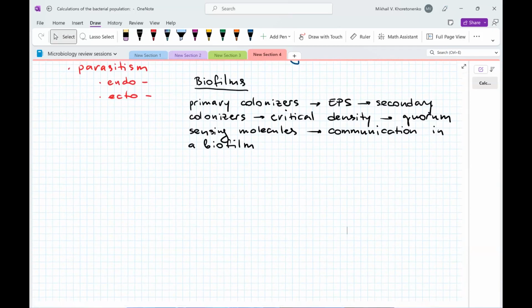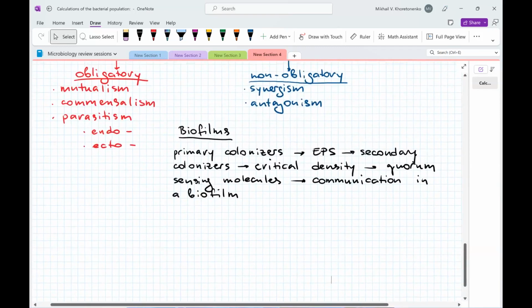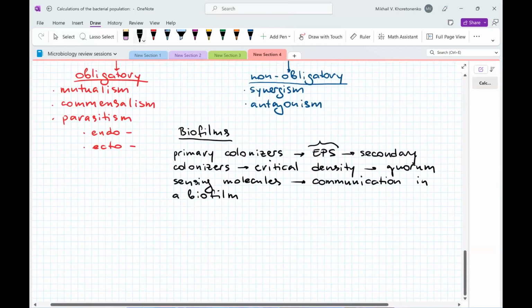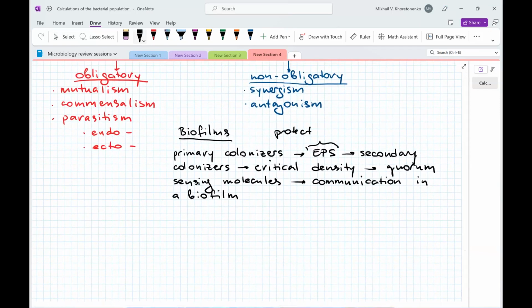But if you understand what's going on, I'm not asking you what the types of quorum sensing molecules are, or what extracellular polymeric substances are. But, for example, what is the role of extracellular polymeric substances? For instance, they protect against desiccation and predation.